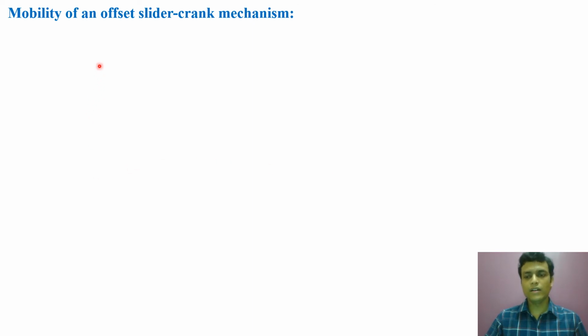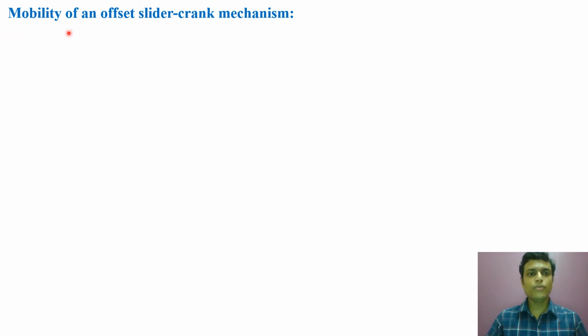Now, until this lecture, we have discussed the mobility of a 4-bar linkage. Now let us come to the mobility of an offset slider crank mechanism. Now we know the condition of a 4-bar linkage when it can rotate fully or it will oscillate.